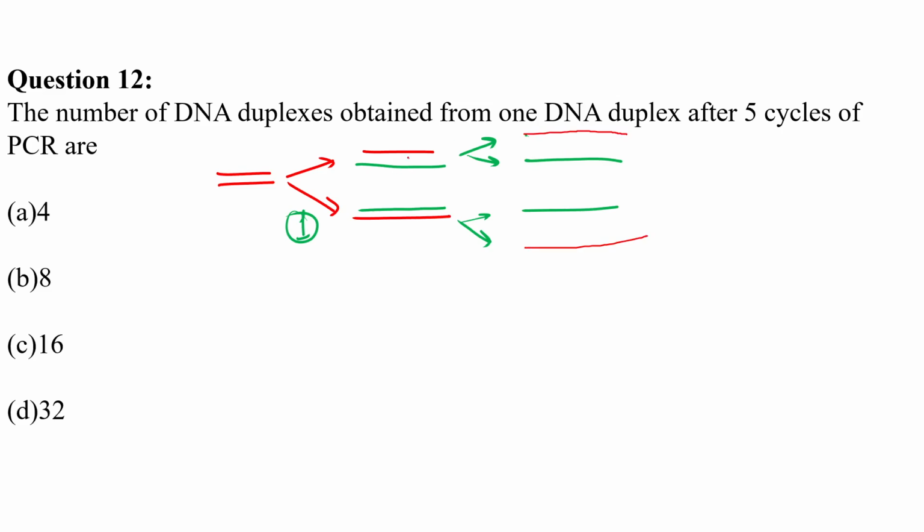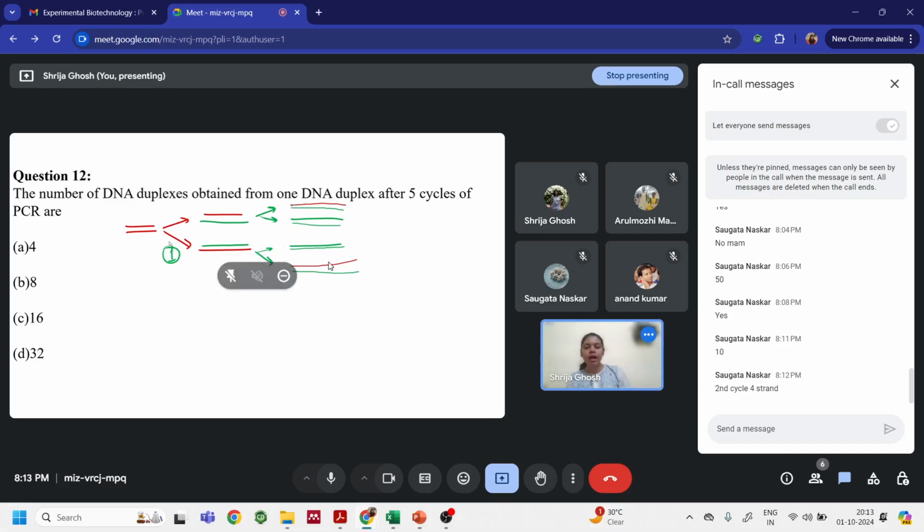Again these two will separate into two single strands, and then these two will separate into two single strands. So the second cycle will have 4 different strands, and then newly synthesized strands will be there. So after the second cycle we have 4 strands, right? Yes, you are right.